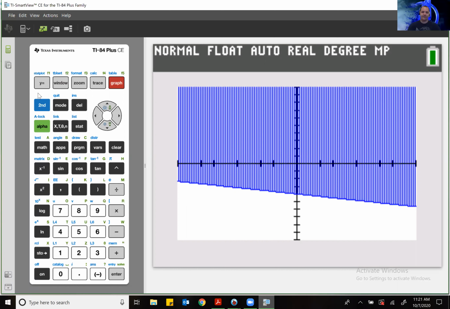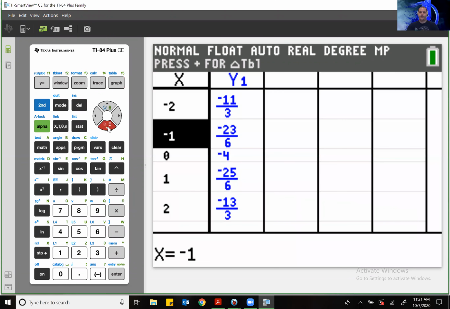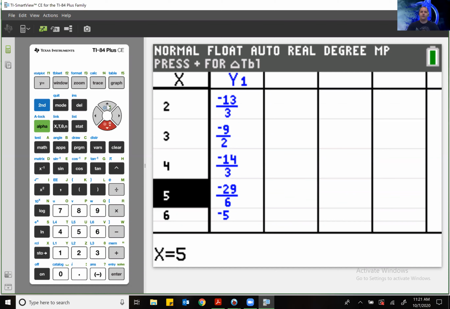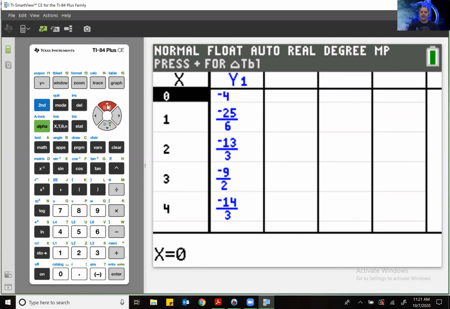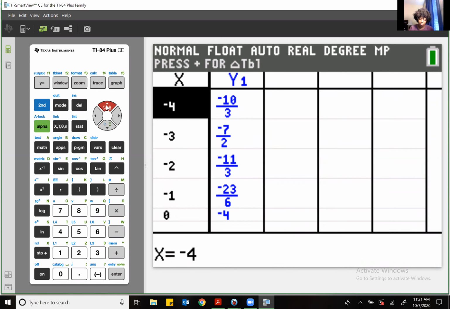There we go, just like before. Hit second graph, and here's our table. What's one point that would be easy to graph? 0, negative 4. So we're going to select 0, negative 4.